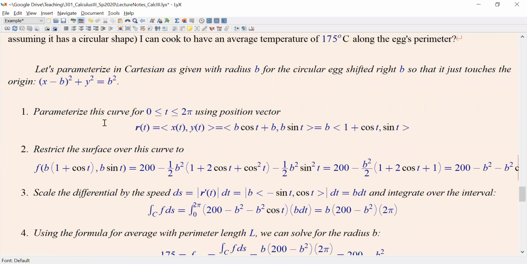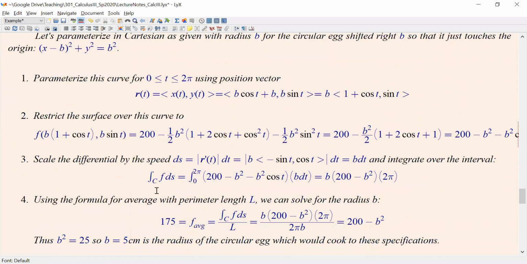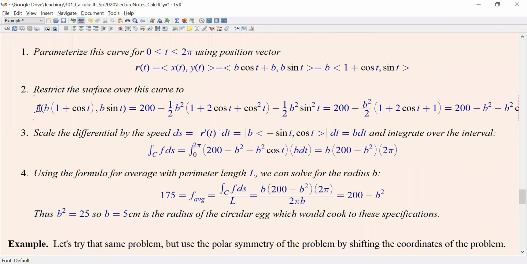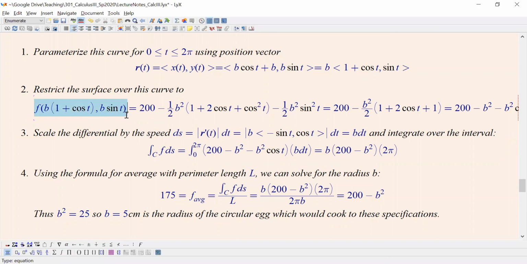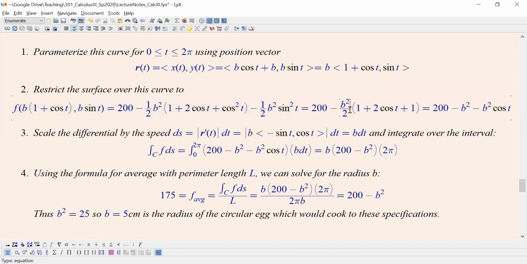Okay. So first, plugging the x and y into my heat function, I can group out the minus 1/2 b squared terms. So right there, I factored that minus 1/2 of b squared. And I can combine cosine squared plus sine squared to give me a 1 here.